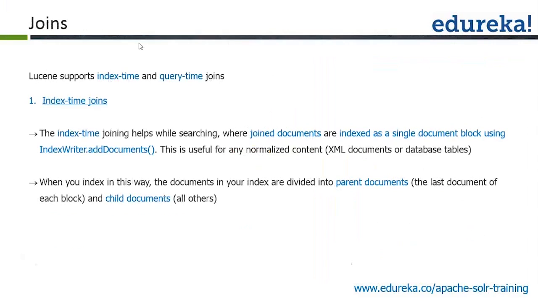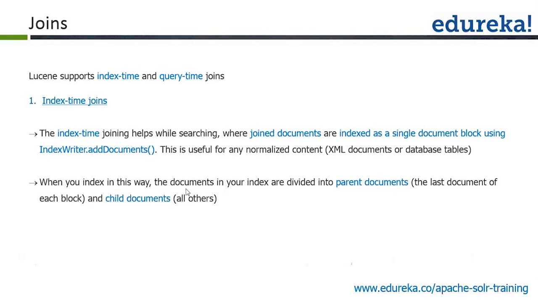Joins, again, you can do both at index time or query time. If you are doing index time joins, you can merge two documents into one single document. Say for example, as a parent and a child document, you can merge them and index and store them together.